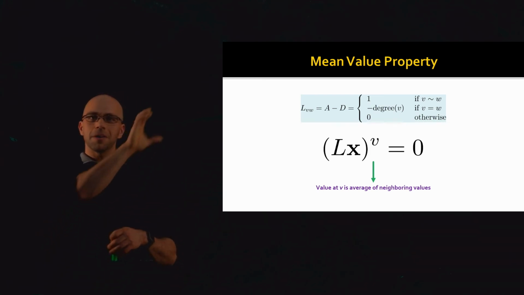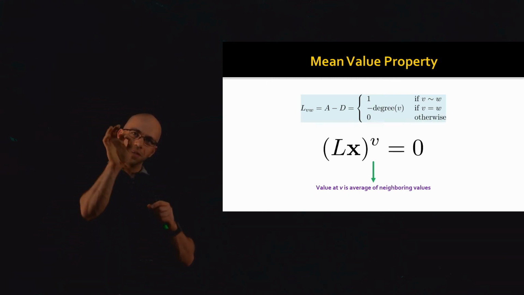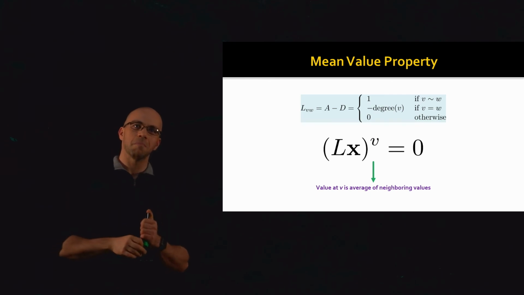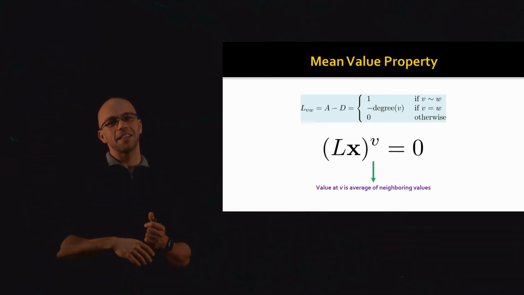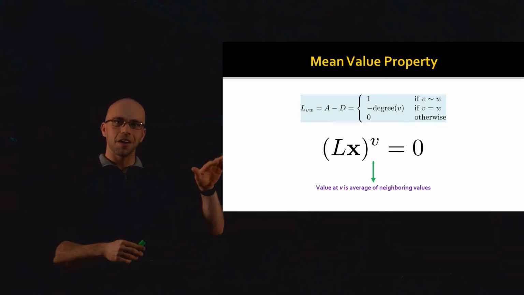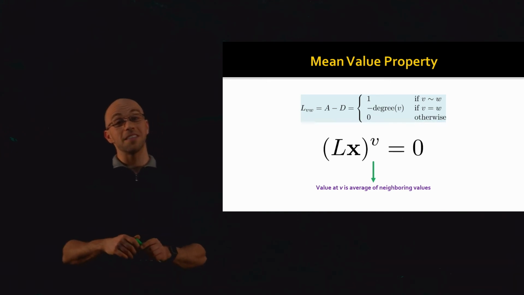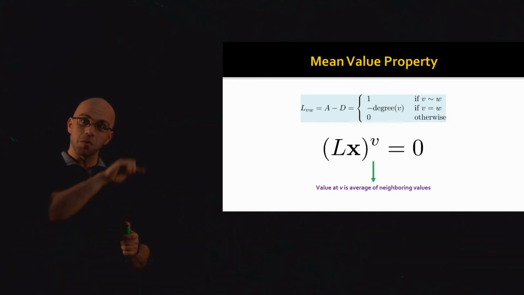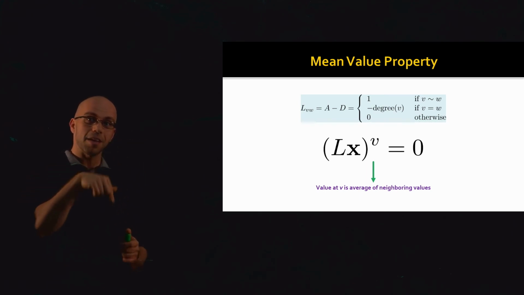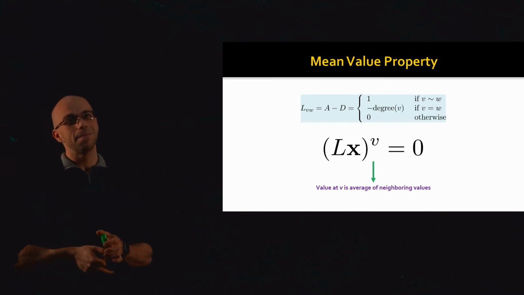Well, remember that our graph Laplacian is just equal to this matrix, which is the adjacency matrix minus the degree down the diagonal. So one thing you can see is that if the graph Laplacian of some function is equal to 0 at a vertex, then it satisfies the mean value property, namely that the value at that vertex is equal to the average of the values along its neighbors. This is useful, for example, for surface parametrization.